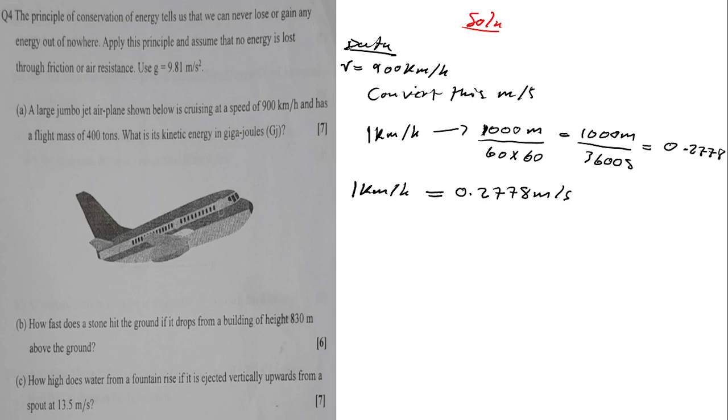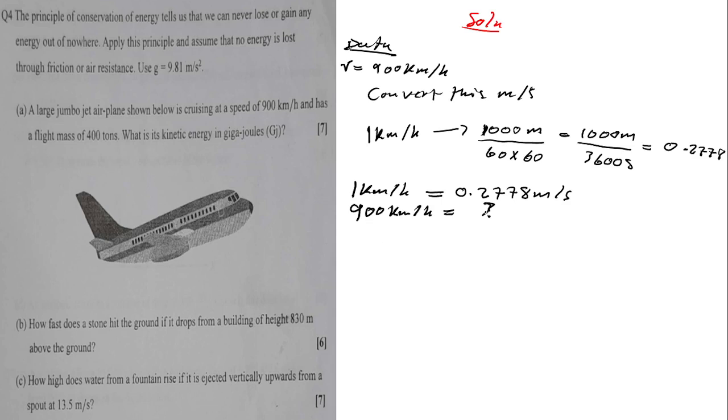Then how many kilometers have we been given? We have been given 900 kilometers per hour, and we need to convert it to meters per second, which we don't know, so we make it x.